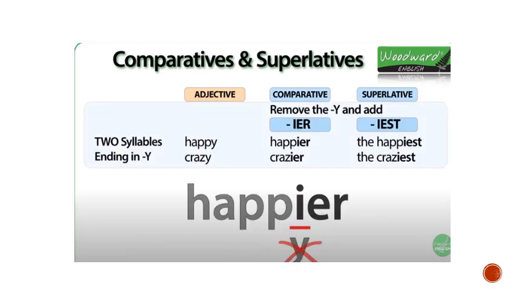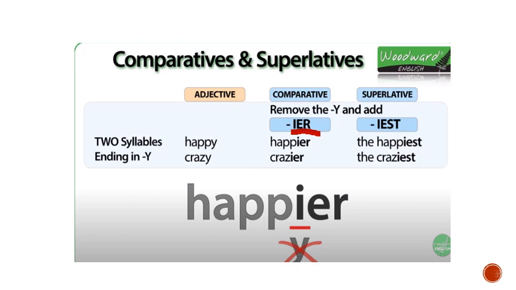The third one. We have two syllables adjectives ending in y. Mbiemra dy rrokësh që mbarojnë me y. Happy and crazy. What happens in the comparative and superlative stage? We remove y and then we add i, e, r. Pra në shkallën krahasore y-ja bie dhe ne shtojmë i, er.